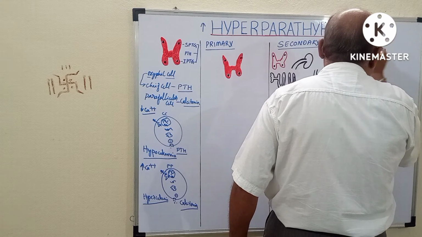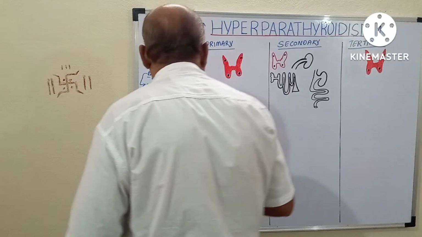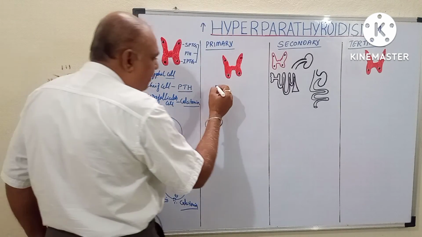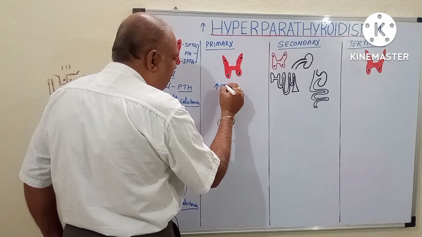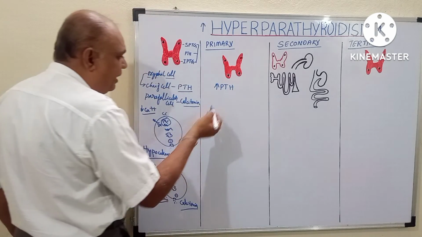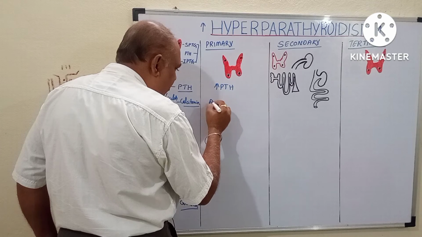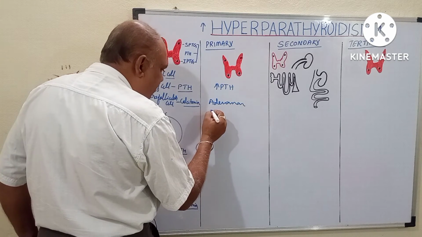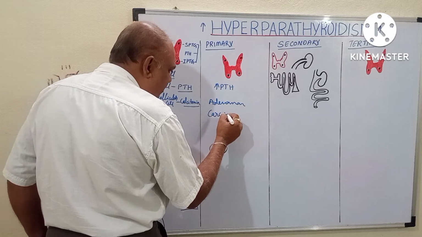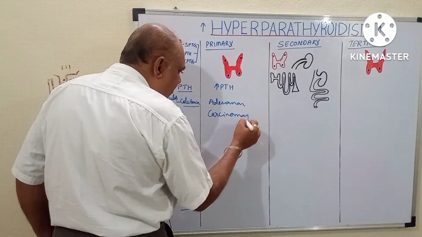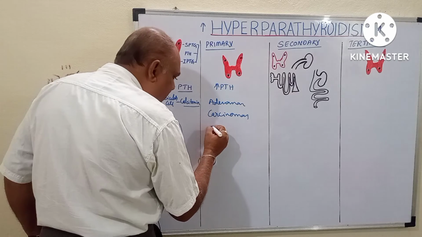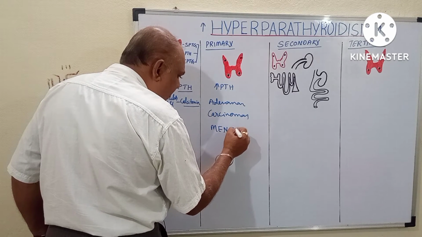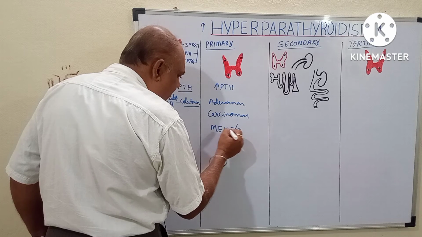In primary hyperparathyroidism, the parathyroid hormone levels are high due to adenomas, that means benign tumors, due to carcinomas, that means cancer, or due to MEN type 1 or type 2.